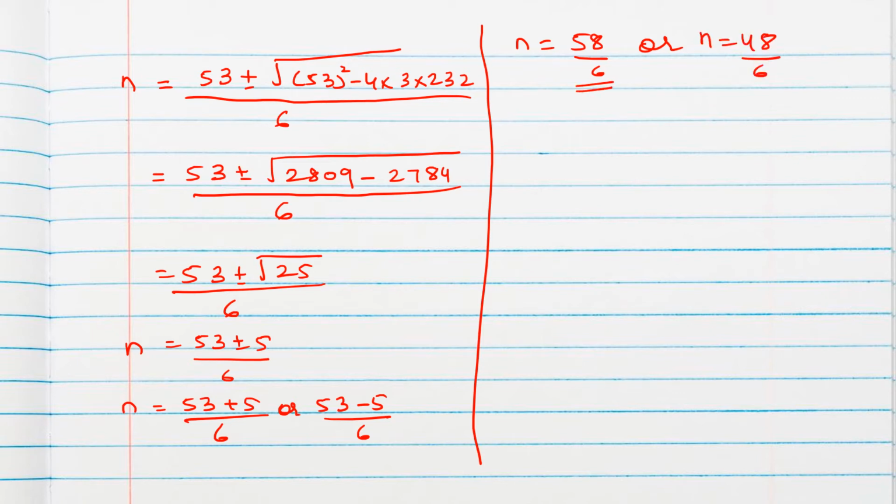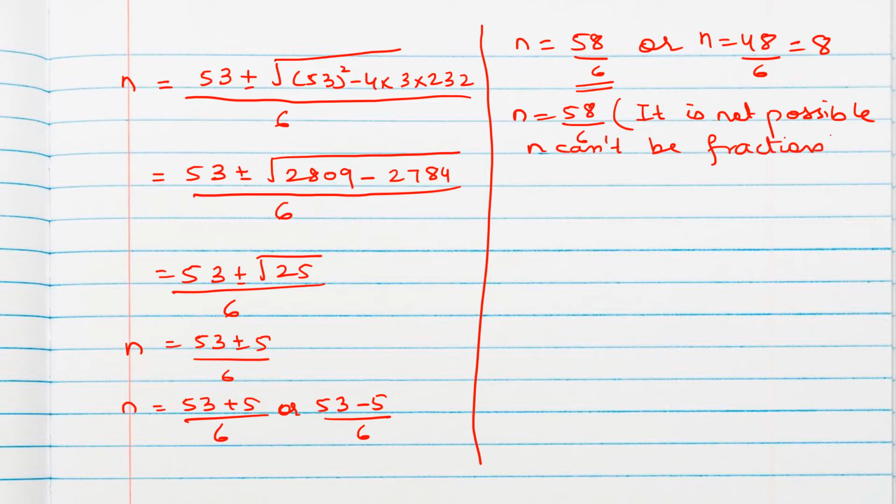So this value is not possible because it is a decimal value, while the other we can write as 8. It is not possible because n can't be a fraction or decimal or a negative number of terms. Therefore n equals 8.